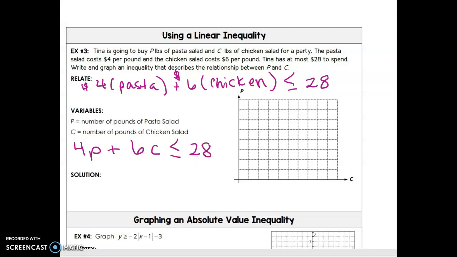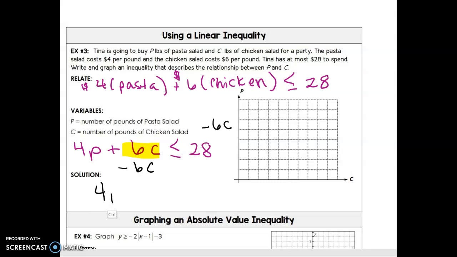Now we want to solve for P. We want to solve for your pasta salad. See, P is your Y, technically your Y axis. So we want to get P by itself so we can graph. Okay, so how do we go about doing that? Well, you have to take this and move it over. So if it's a positive 6C, we want to do negative 6C. Right?